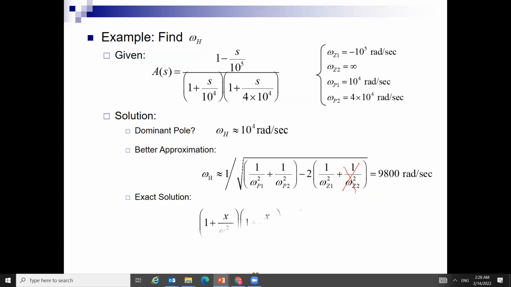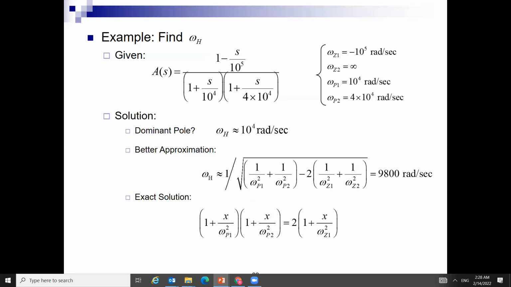For the exact solution, we're going literally to write the equation, because it is the product of 1 plus x over omega pi equals 2 times the product of 1 plus x over omega zi. The nice thing here is that we have two poles, so we'll end up with a quadratic equation, meaning x will be of order 2.